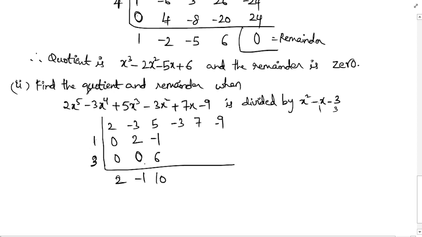Now 1 tens are 10, and for this, 3 into the before term, 3 into minus 1 is minus 3. So here it will be 4. 1 fours are 4. 3 tens are 30. So here it will be 41.